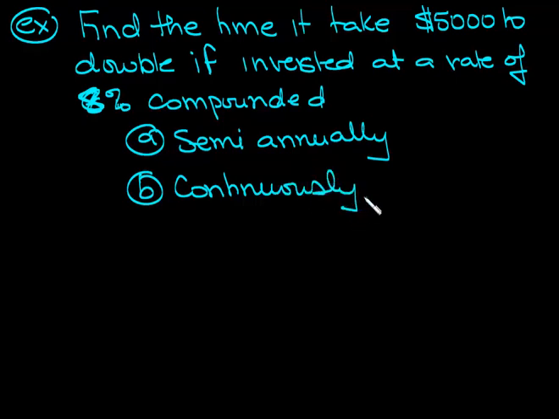So the question is, how long would it take if you invest $5,000 to double, so to become $10,000, if invested at a rate of 8%, compounded semi-annually and continuously?